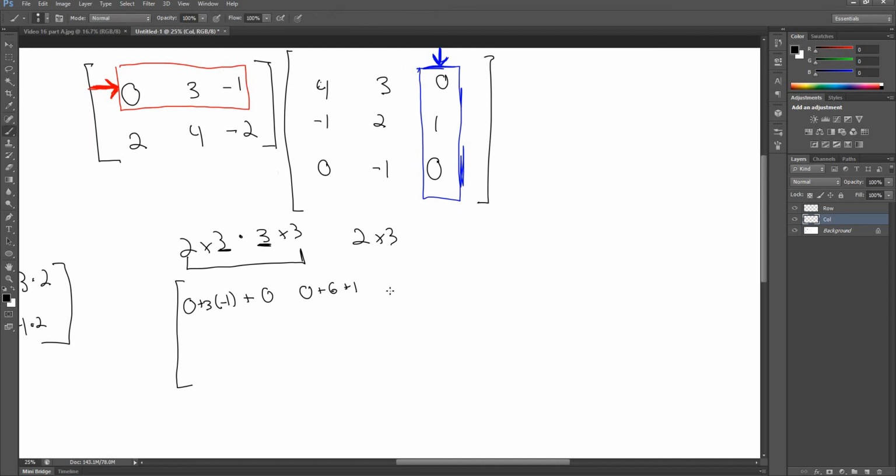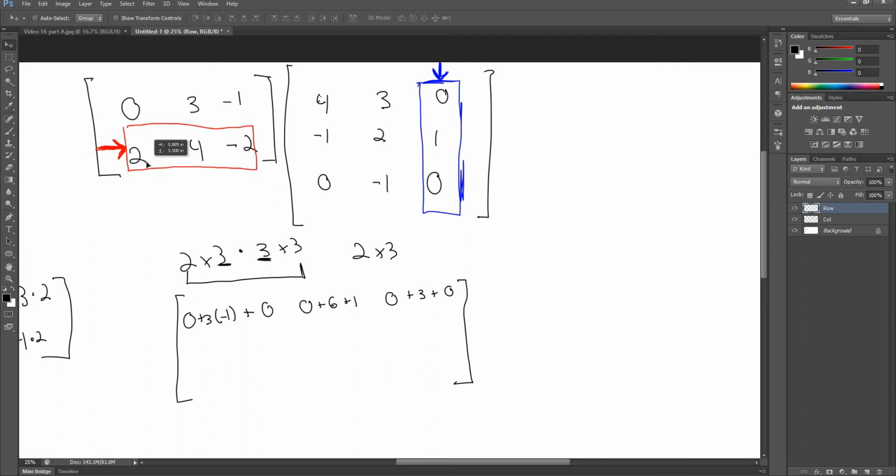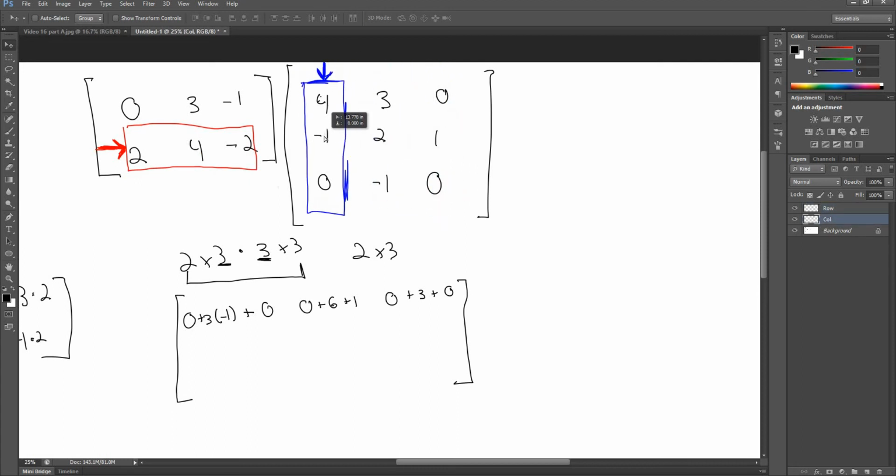I'm going to get 0 times 0 is 0, plus 1 times 3 is 3, plus 0 times -1 is 0. I've gone through all the columns for row 1. So next I need to move my row down and move my column back to column 1.